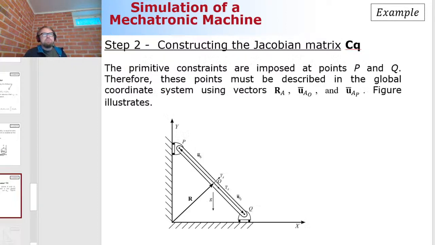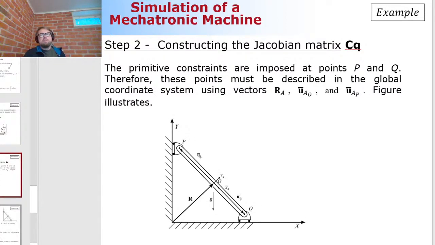Step number 2, the constraint Jacobian matrix. In the Jacobian matrix, the components I need are the constraint equations, which need to be differentiated with respect to the generalized coordinates. How many constraint equations will I have in the system?